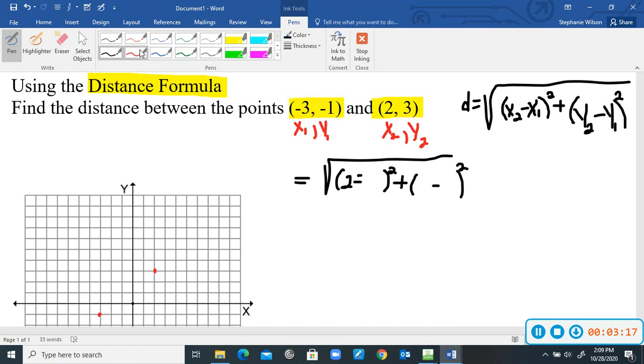Let me change the color right quick so we can see the changes. Let's make this 2 a red 2. And then over here on the y values, I have 3 for y2 and -1 for y1.